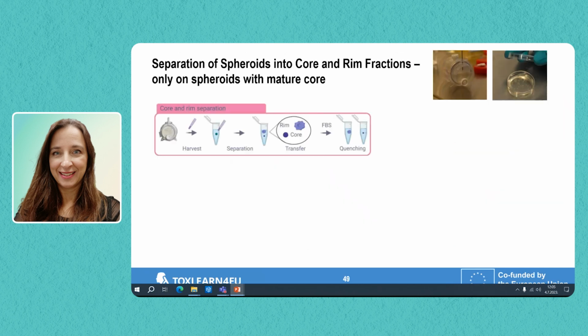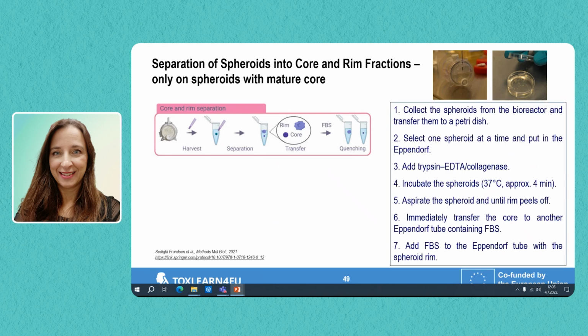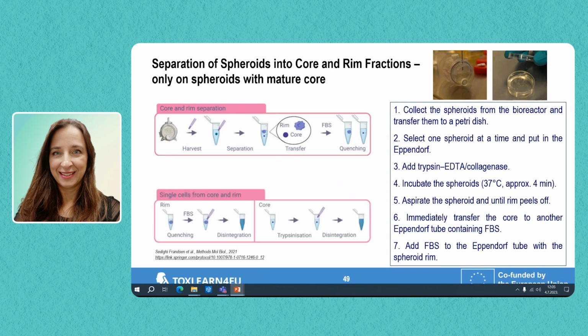How do we do this? We take the spheroid, put it in some enzymatic treatment, but for a shorter time, and then with pipetting up and down, we disintegrate the spheroid, and then we get the cells from the core and the cells from the rim, and we have separated populations.